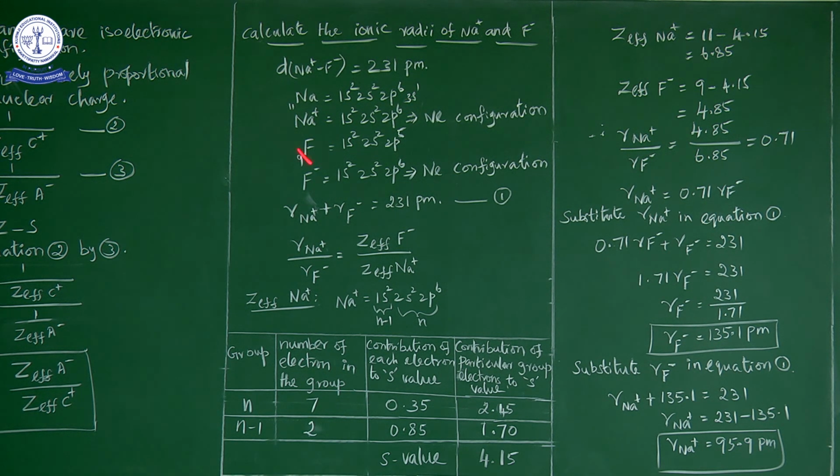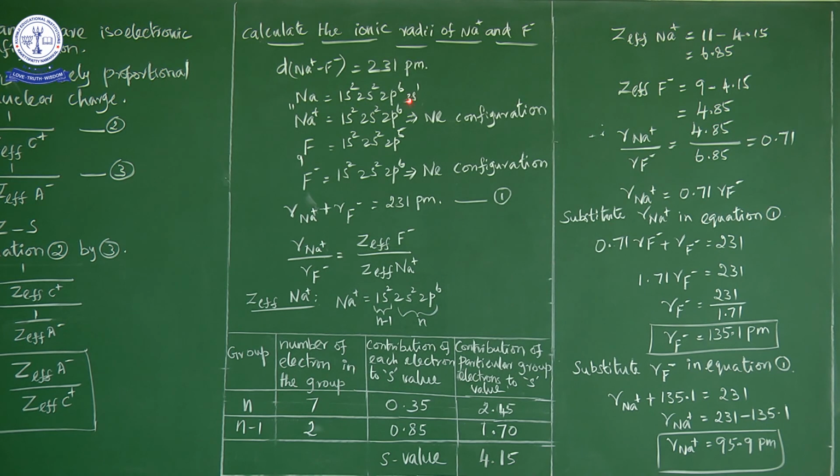So now the electronic configuration of Na plus is equal to 1s2, 2s2, 2p6. Because 3s இருந்து 1 electron eliminate ஆயிடுச்சு இல்லையா? So 1s2, 2s2, 2p6, its electronic configuration is similar to the electronic configuration of neon. So helium, neon, argon, krypton, xenon and radon, those are noble gases. நம்ம என்ன சொல்லிருக்கோம்?